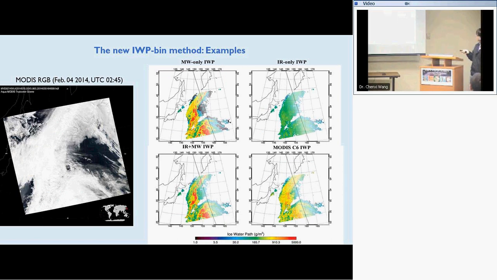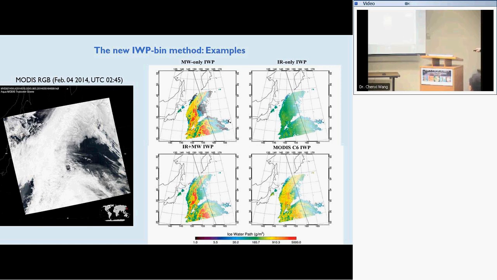I'll show a case study for this. This is a MODIS granule over open ocean. So most of this granule is covered by ice clouds. For example, here. There is very thick deep convection in this region. Also some here.